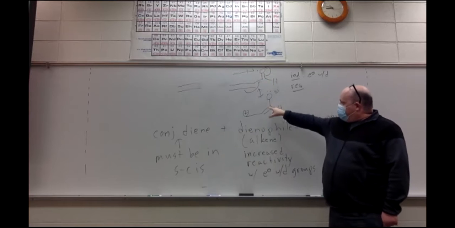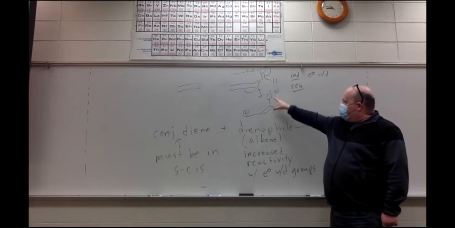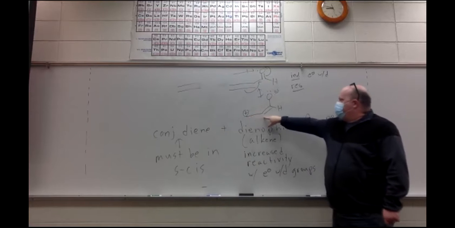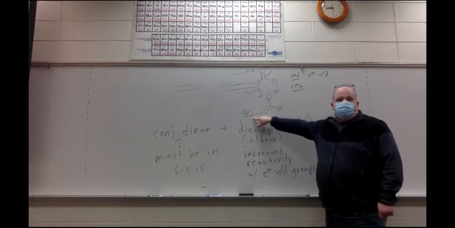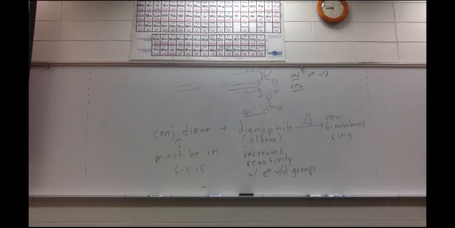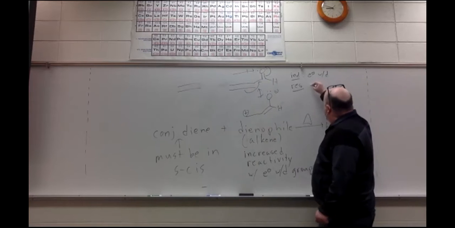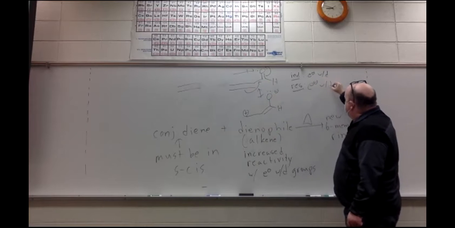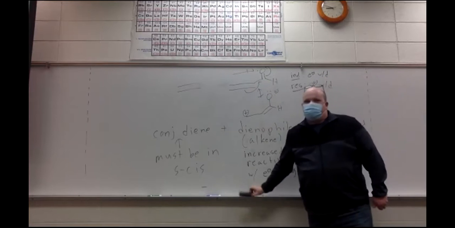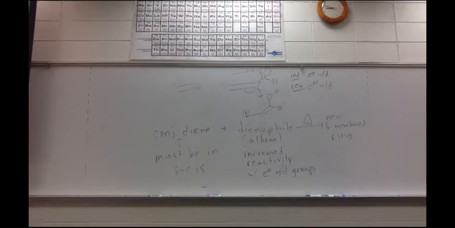And you can see that overall, when we draw the resonance structure, this group has withdrawn electron density from these carbons. Does that make sense? So that's why this aldehyde group is very much an electron withdrawing species. Get ready, you're going to see a whole lot of that in chapters 17 and 18.